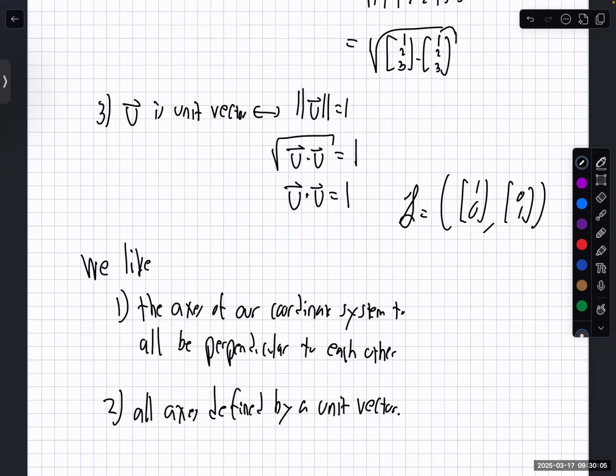So that means that one unit along the new axis direction is the same as one unit along the original. And it's one unit for each of the axes. They have the same scale.